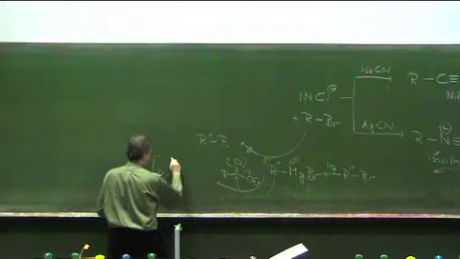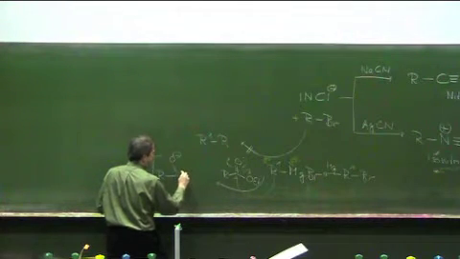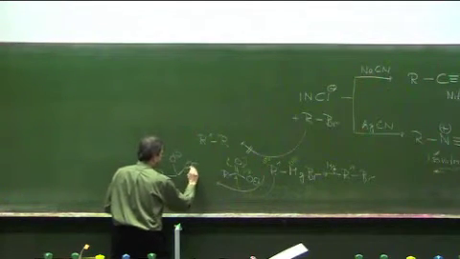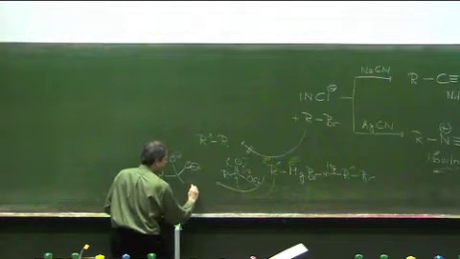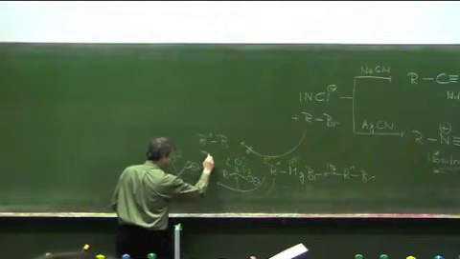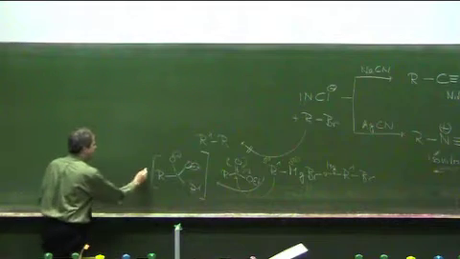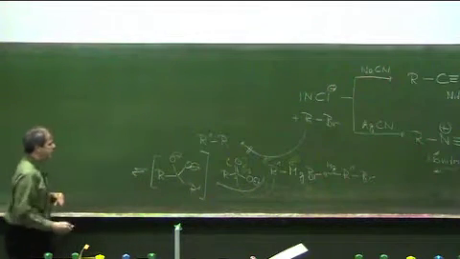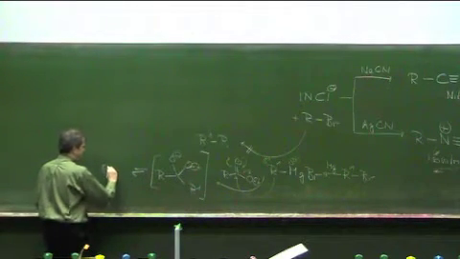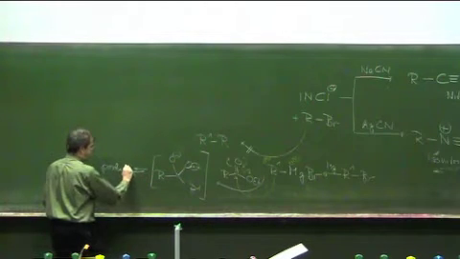It will form an intermediate first, and we will go into carbonyl compounds and their reactions in more detail, and then eventually it will react further, whatever the products are here.